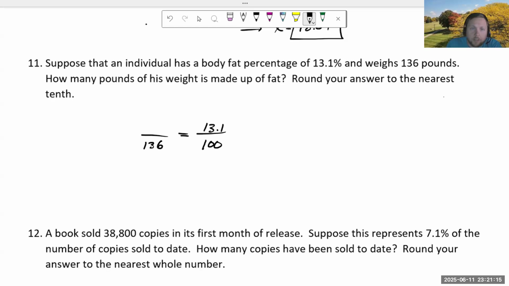And again, what we're trying to look for is how much of their weight is fat, or how many pounds of fat is in their body. So that's that question there. So keep these things in mind when you're setting these up. And then now all there is to do is cross multiply and divide.